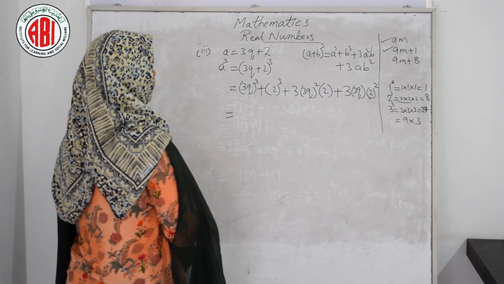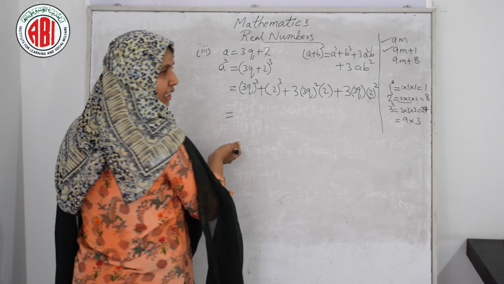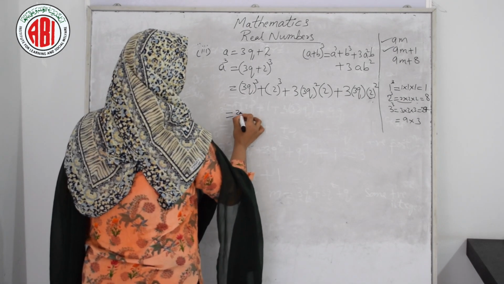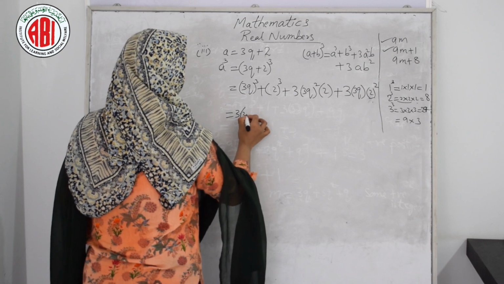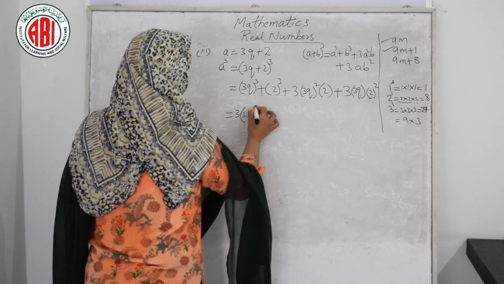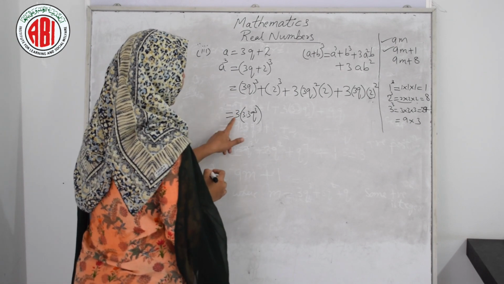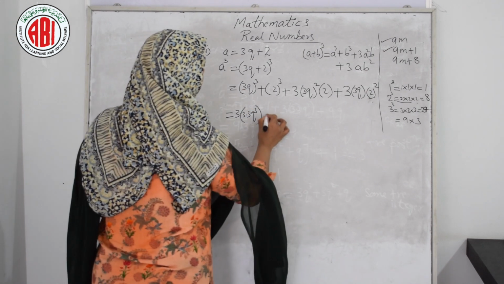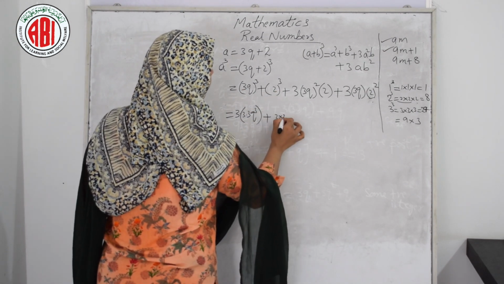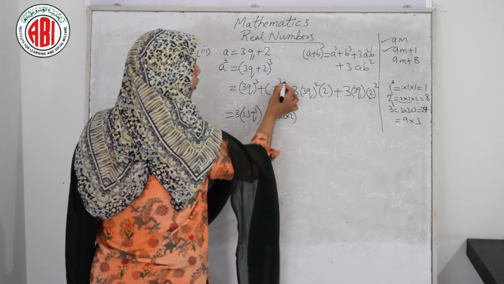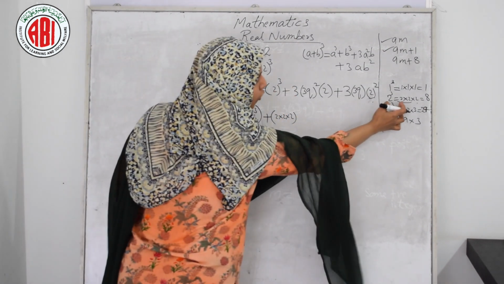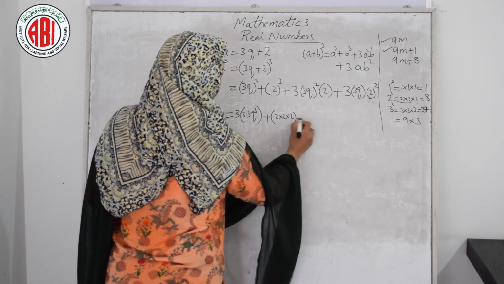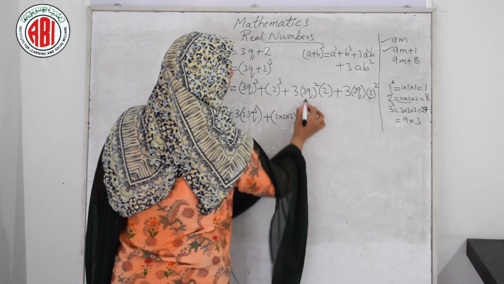Now this equals, let us apply as we have done in the previous case. 3 cube we are writing as 3 into 3 into 3. This cube is also applied for q, plus 2 cube, which is 2 into 2 into 2, plus 3 into (3q) whole square.